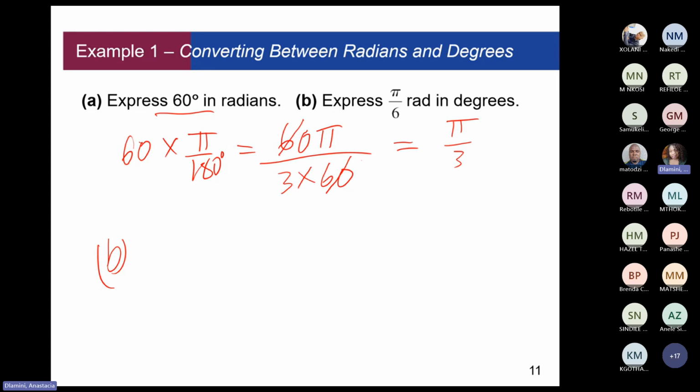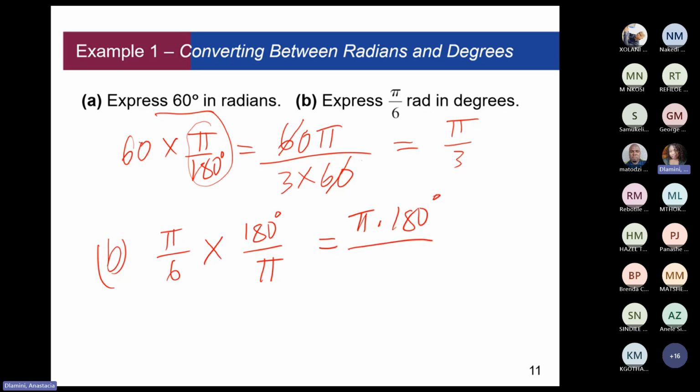Now they say express pi over 6 rad in degrees. So you multiply by the reciprocal. It's pi over 6 times 180 degrees over pi. So this is equal to pi times 180 degrees over 6 times pi.